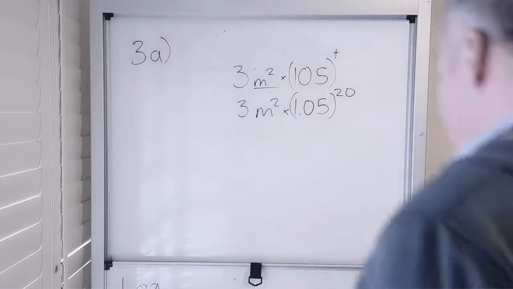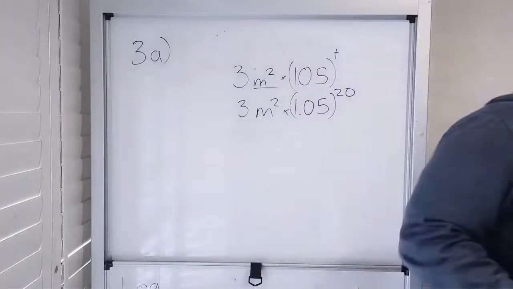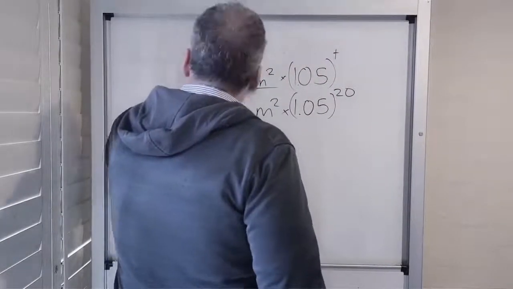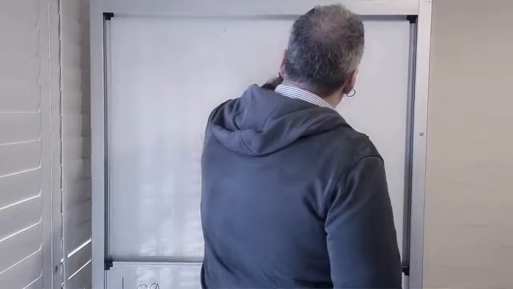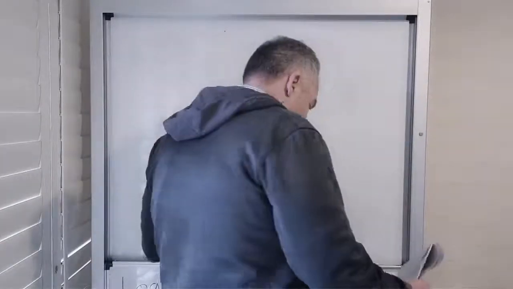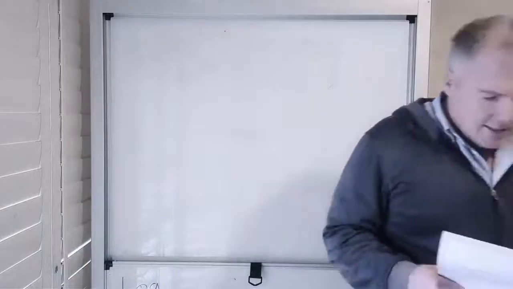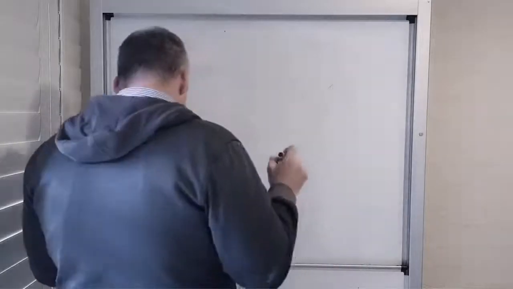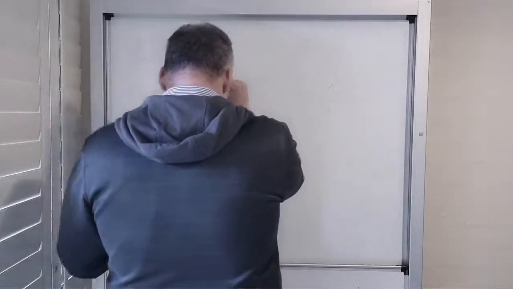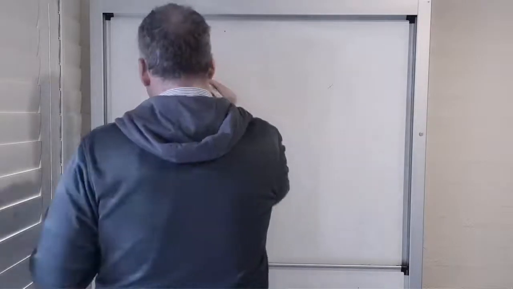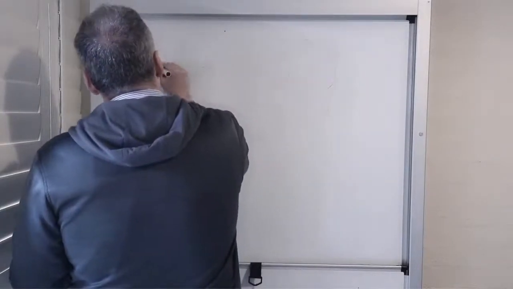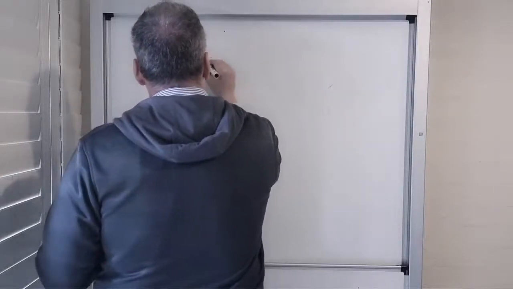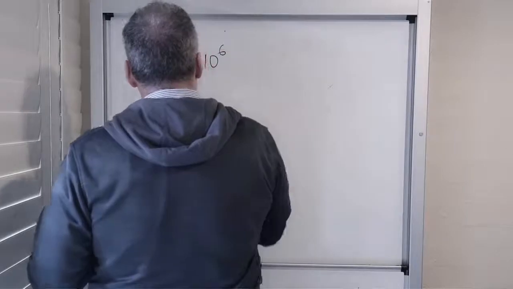Now we'll do a powers of powers one, because these things generally follow that pattern. Powers of powers go along the lines of 10 to the 2, to the power of 3, equals 10 to the 6.